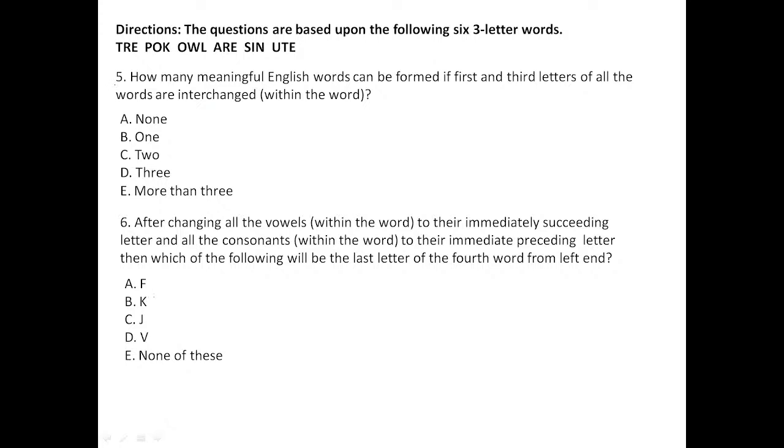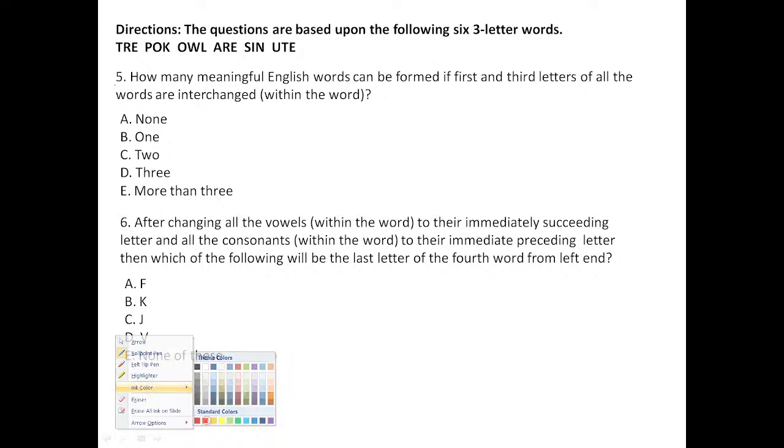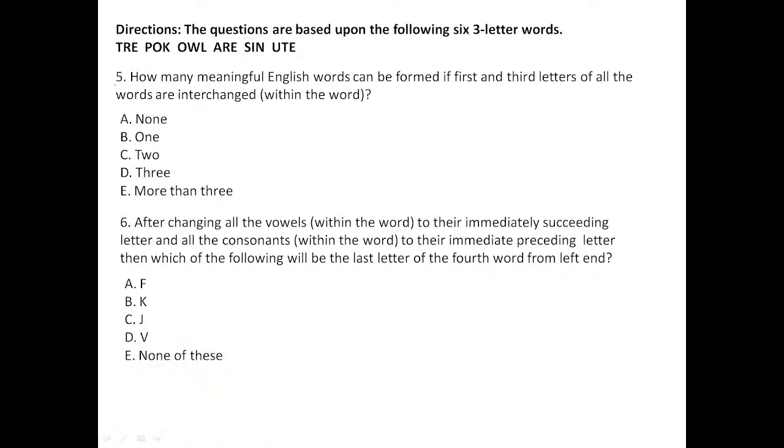So what is it saying? It is saying that the first and third letters of each word, if they interchange their positions, then how many meaningful words can be formed? Just for your better understanding, I am writing the pattern following what the question says.